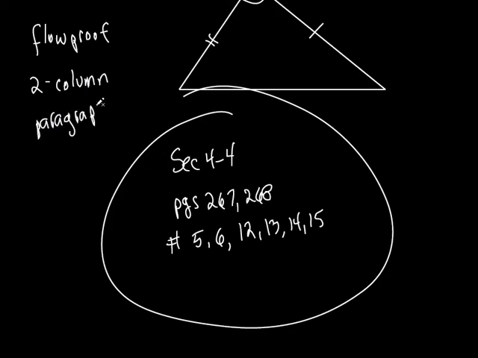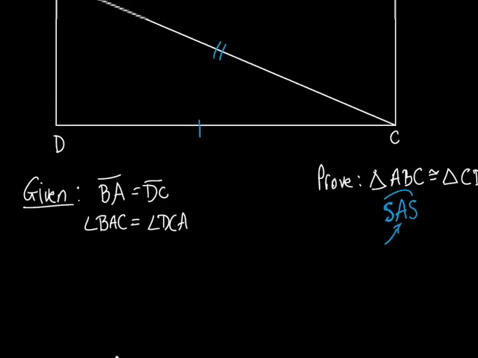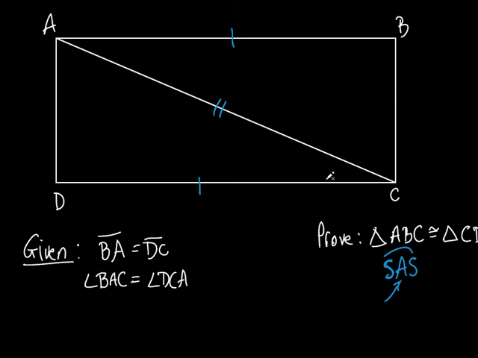Look, I'm revising this. You don't have to worry about what any of that stuff means. You just do what we did up here. You write the picture, you write the given, you write what you're supposed to prove, you mark your picture up, give me a good reason why that's congruent, and then you're done. That's all you have to do.